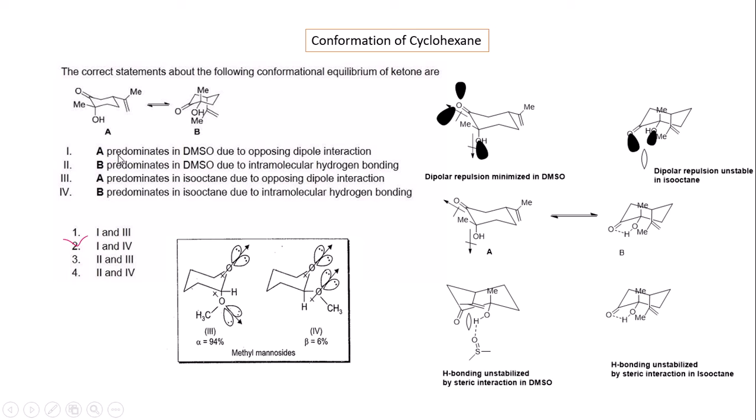So option A predominates in DMSO due to opposite dipole interaction, and option B predominates in isooctane due to intramolecular hydrogen bonding. Here the lone pair interaction destabilizes the equatorial form in the DMSO medium, and the lone pair interaction is minimized when the hydroxyl group is in the axial orientation.